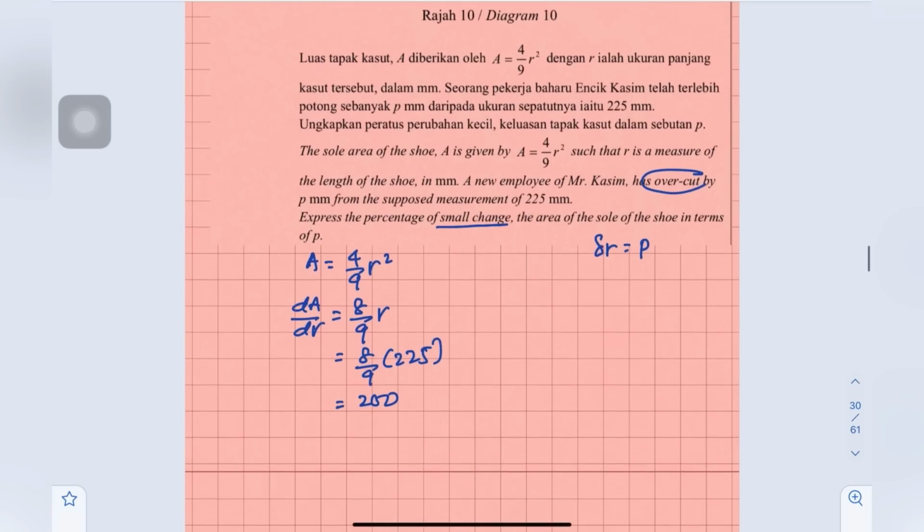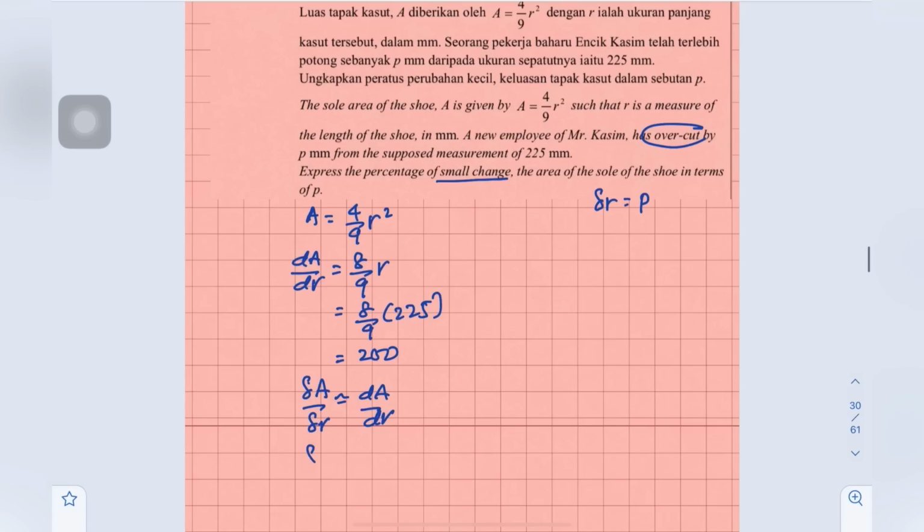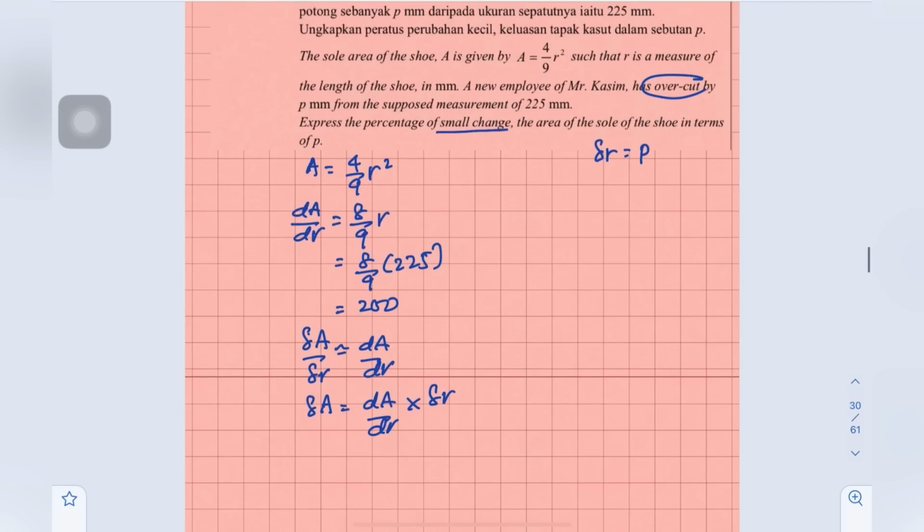Okay, so by using delta A, delta R approximate to dA/dR. So delta A is dA/dR times delta R. So dA/dR is 200 and delta R is P. So this is the small change of area.